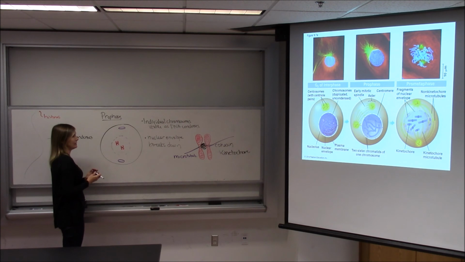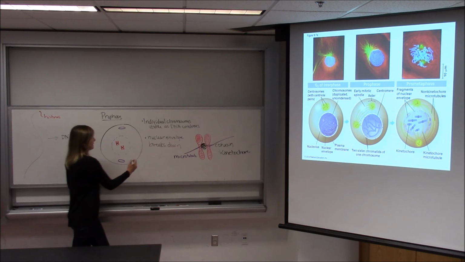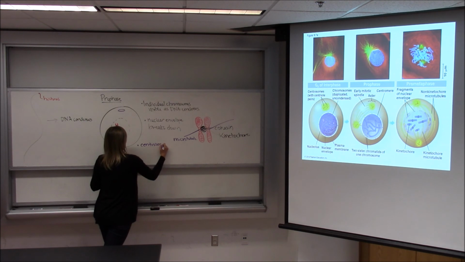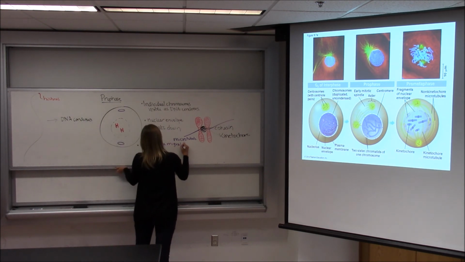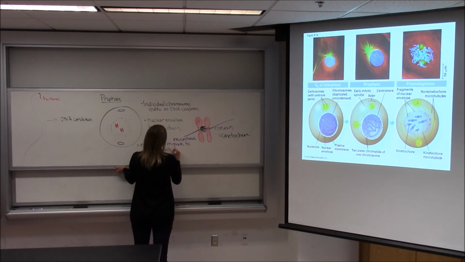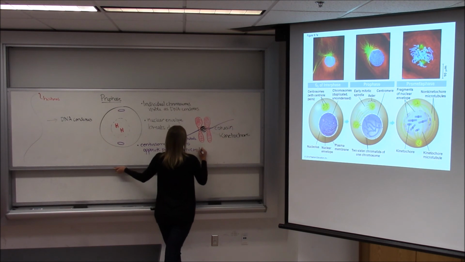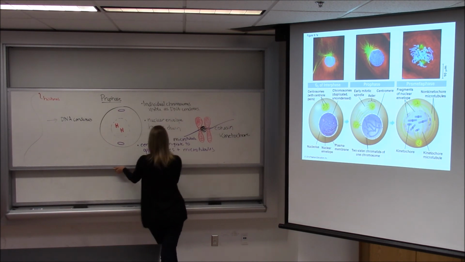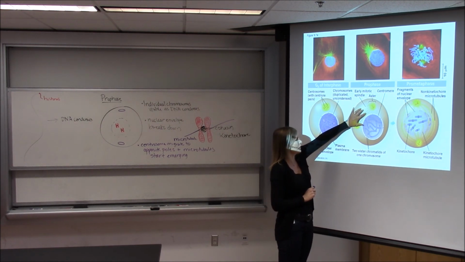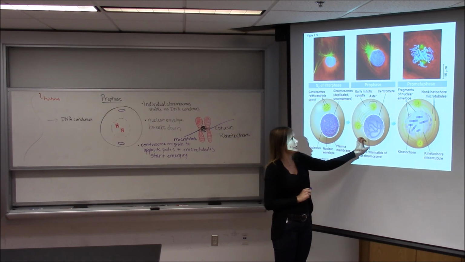So what happens is those centrosomes migrate to opposite poles, and microtubules start emerging. If you look at the cartoon version, you can see those microtubules are starting to emerge as these migrate to opposite poles.